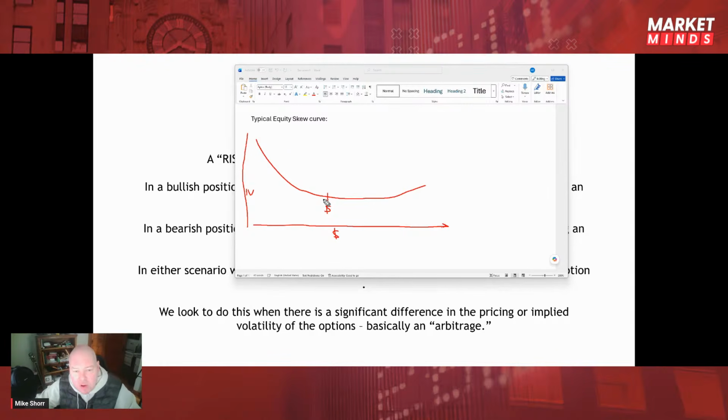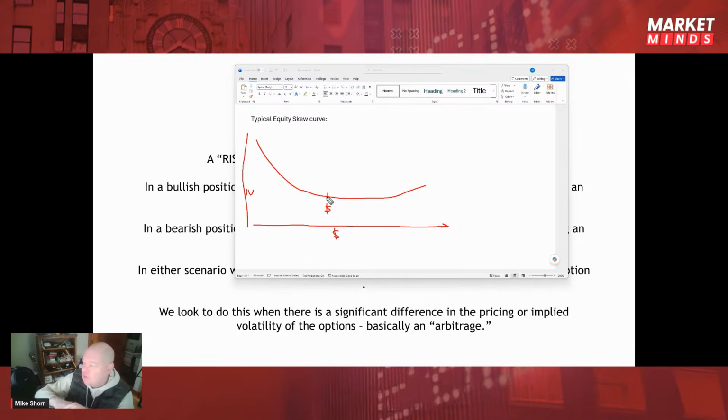So there are more people buying puts as protection against their long position, and they are selling calls as a yield enhancement, however you want to call it. On top of that, the market tends to move faster and more violently to the downside. In an upward move, it's much more measured.